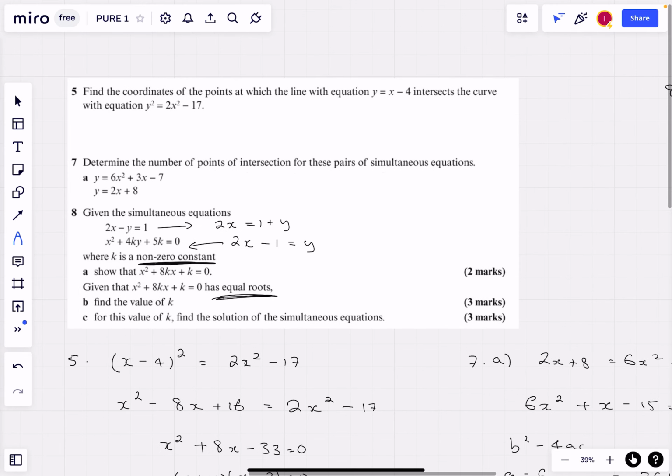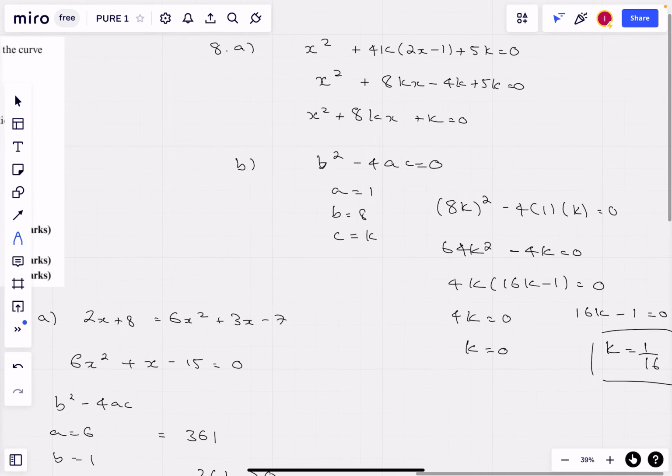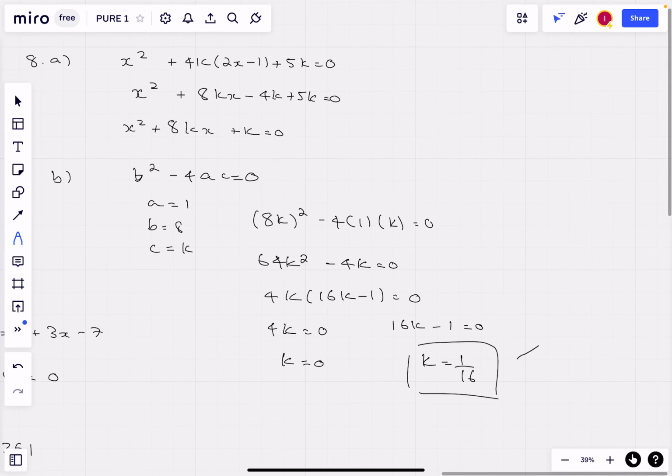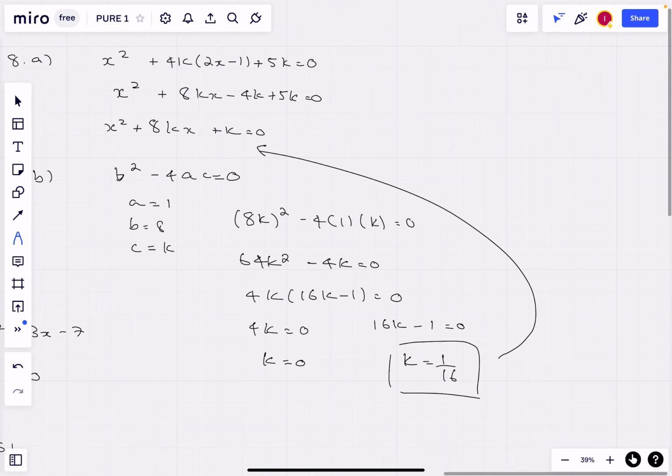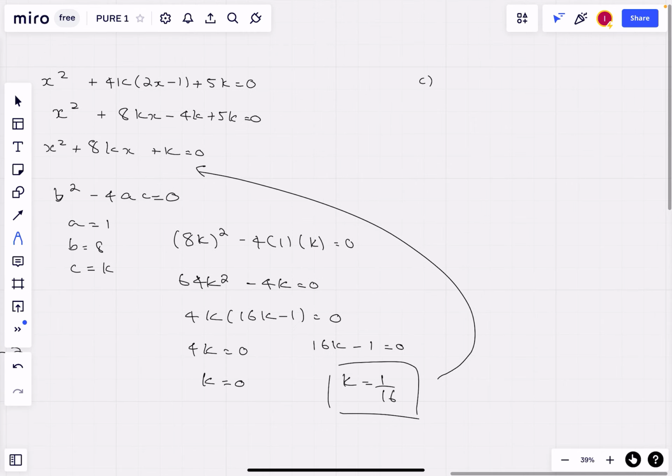For this value of k, find the solution of the simultaneous equations. Take that value of k, put it in there. So for part C, you're going to have x squared plus 8 times 1 over 16 x plus 1 over 16 equals 0.